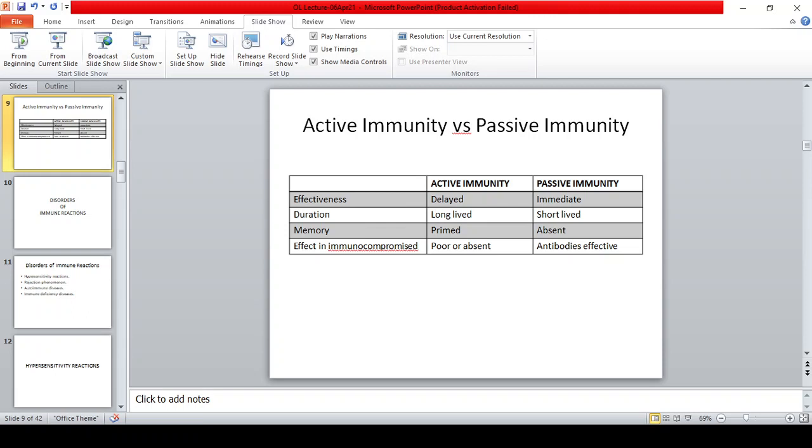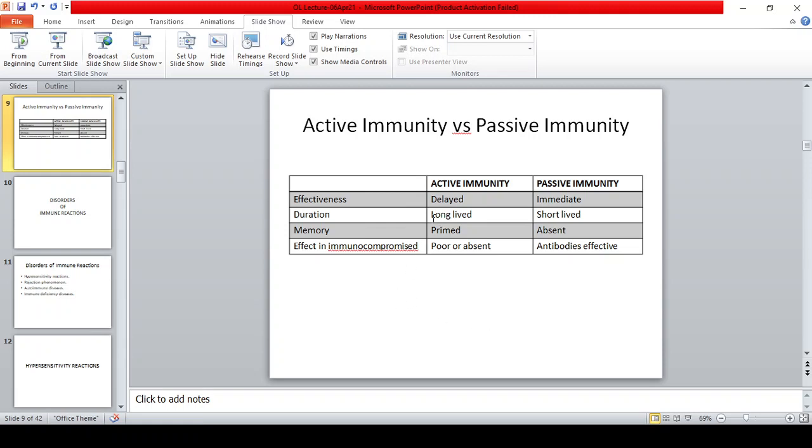You can see some differences between the active immunity and passive immunity in this chart. As far as the effectiveness is concerned, the active immunity takes time to develop, while the passive immunity can be provided on a short-term basis.